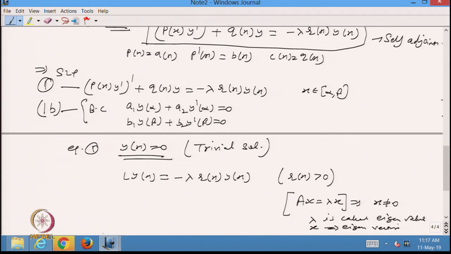So, that we know. Now, this linear operator is also analogous to the matrix in matrix theory.